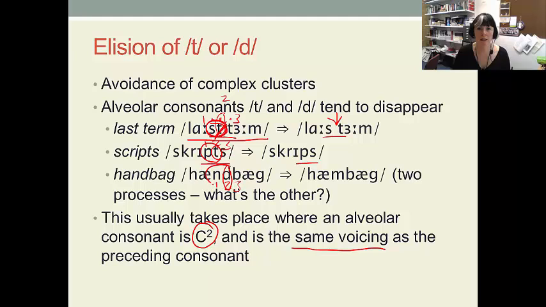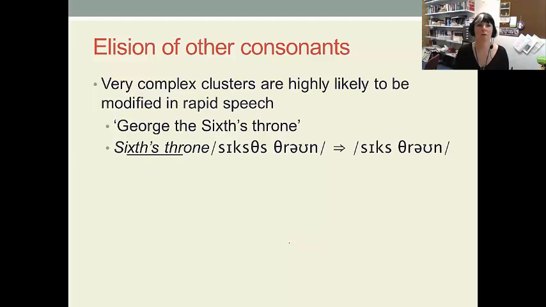It agrees in voicing with the N, and so I can lose this D. I don't need the D to do clipping, and so it doesn't matter whether I lose it or not. So that's where that can take place. The alveolar consonant is the second one, and it has the same voicing as the preceding consonant. That's the rule. If we have very, very complex clusters, they're also likely to be modified in rapid speech.